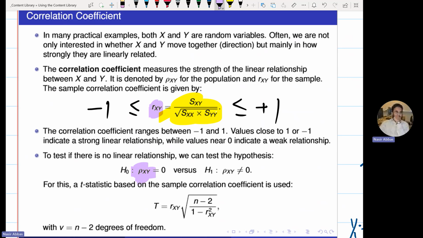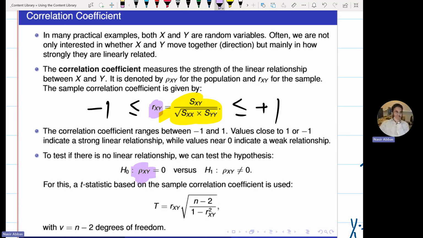Population variance is denoted by sigma square, sample variance by S square. Population intercept is denoted by beta naught, sample intercept by beta naught hat. Population slope is denoted by beta 1, sample slope by beta 1 hat.